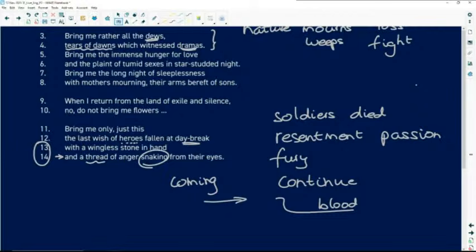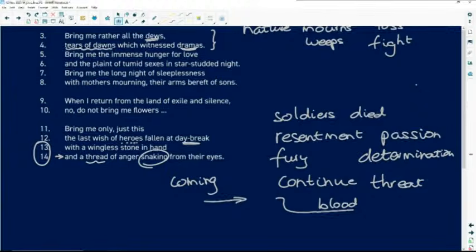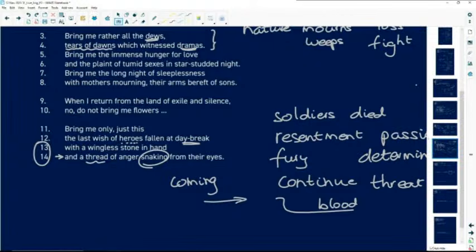Their passion, their hatred, their determination will be passed on. So the image also snaking, an image of, even though they have died, whatever they were feeling will continue, and the people that they were opposing will be threatened by it.